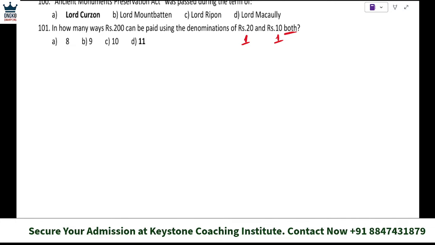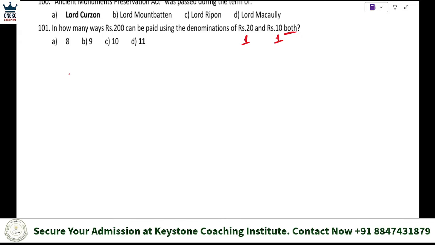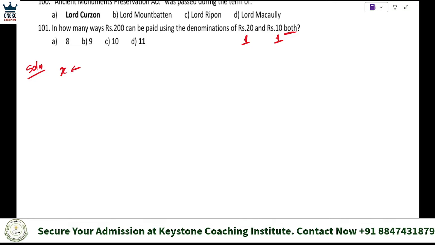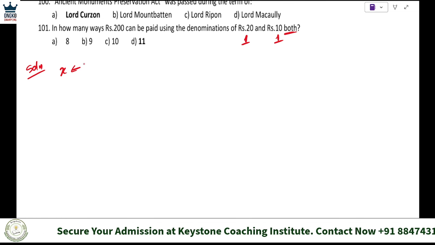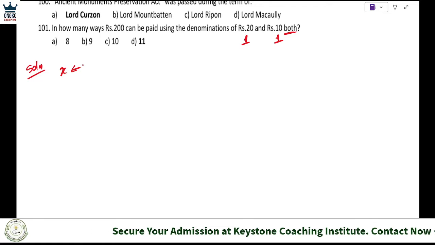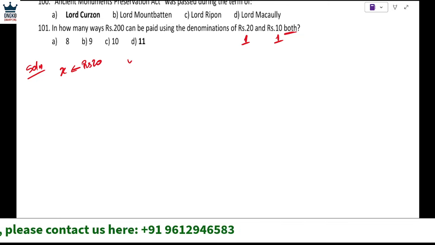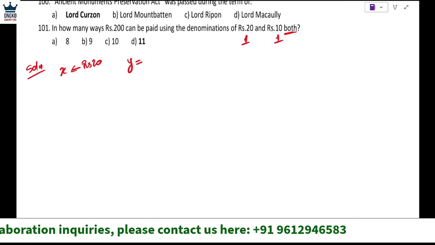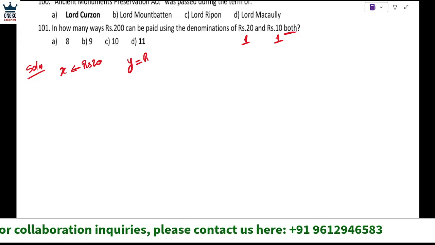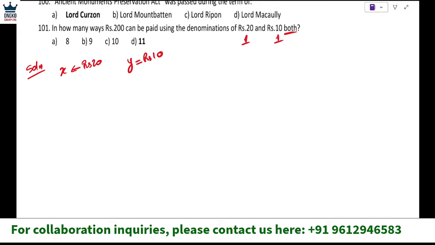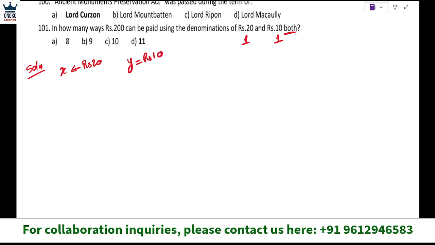Right. So let x be the number of 20 rupees notes and y be the number of 10 rupees notes.